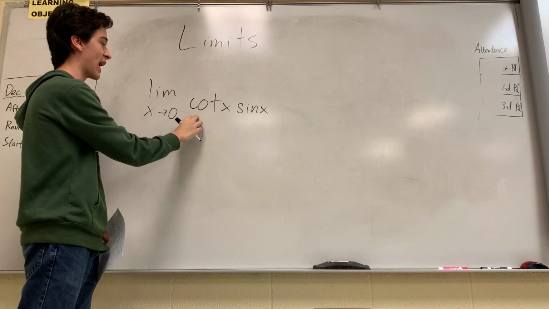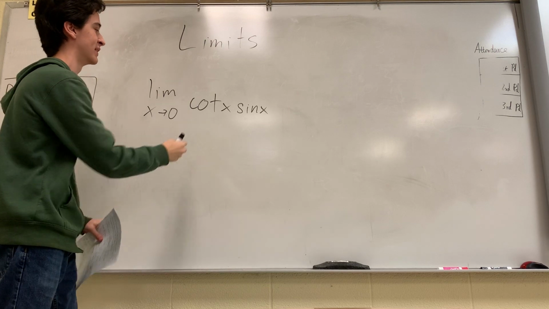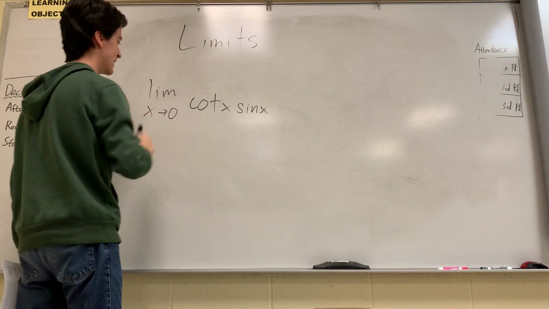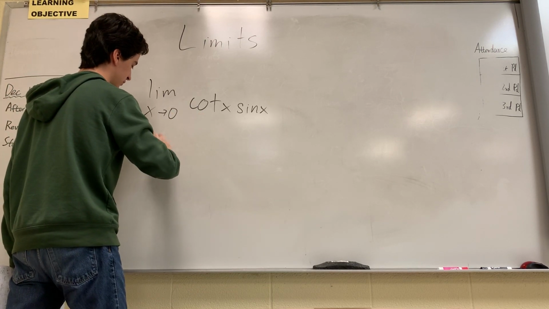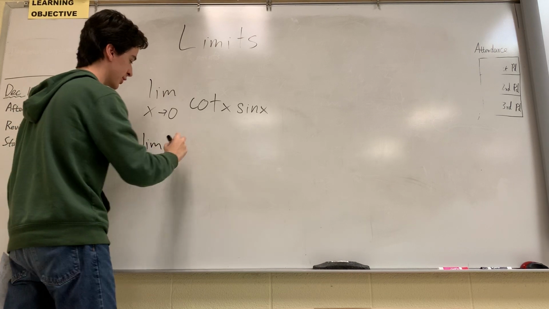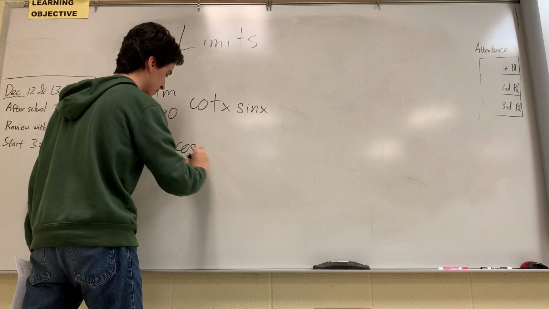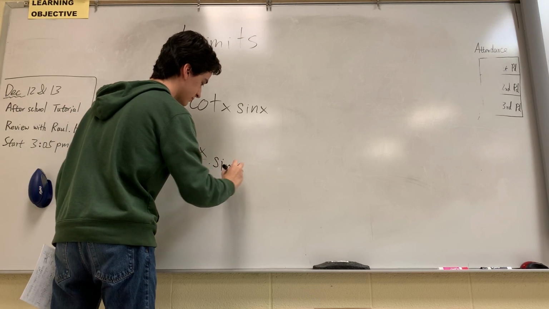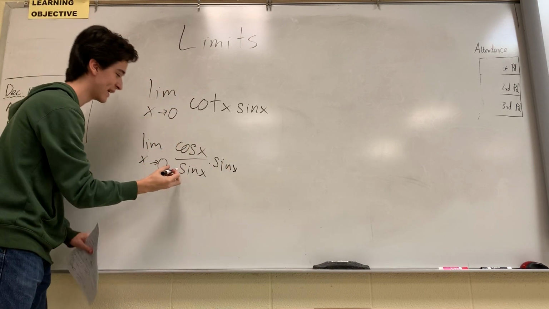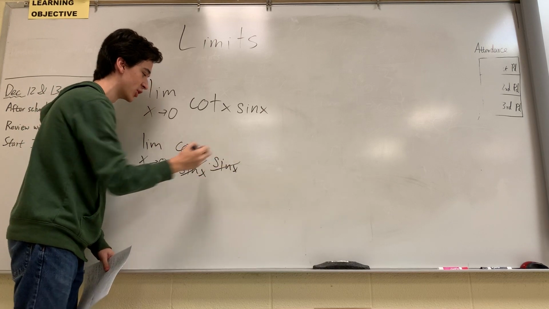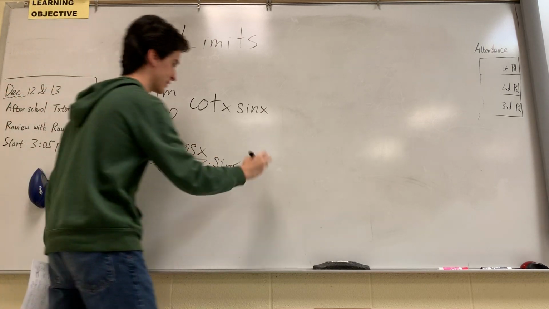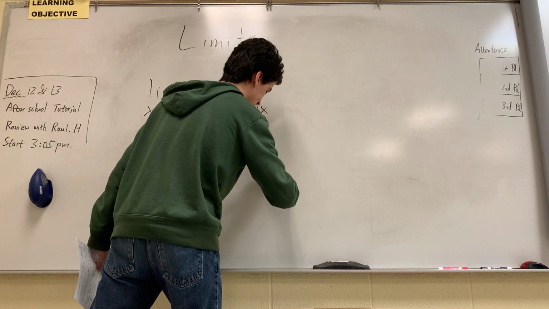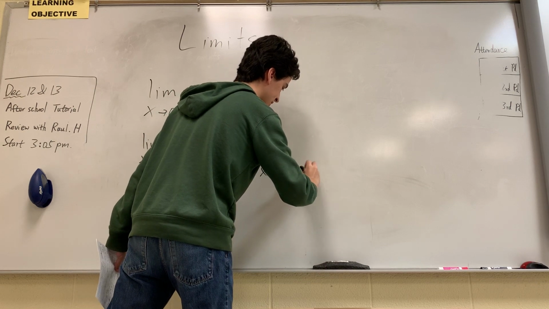In this case, what actually becomes helpful is trig identities. We know that cotangent is cosine over sine, right? So if you rewrite the limit as x approaches 0 of cosine of x over sine of x times sine of x, now very conveniently the two sines go away and we're just left with the limit as x approaches 0 of cosine of x.